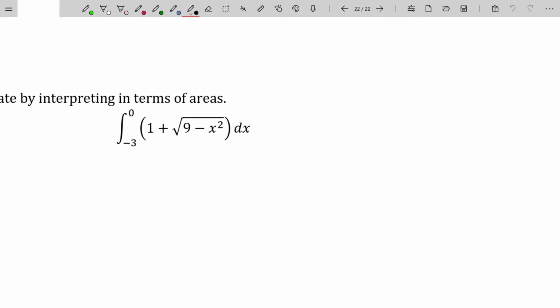I said, well, this piece right here, if you think about it, if you said y is equal to the square root of 9 minus x squared, if you square both sides and then add x squared to both sides, you should realize that is a circle of radius 3. It's been lifted up 1 unit.